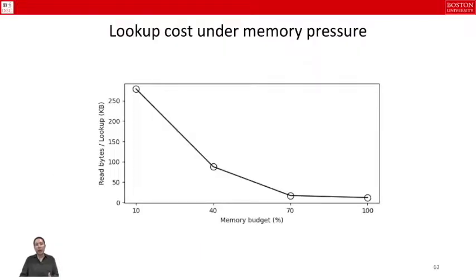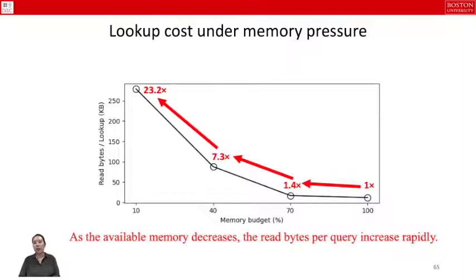Let's look at what happens when there is memory pressure. This figure shows the lookup performance on various memory budgets. As the available memory decreases, the bytes read per query increase rapidly from 12 kilobytes to over 270 kilobytes, which is a 23 times increase.